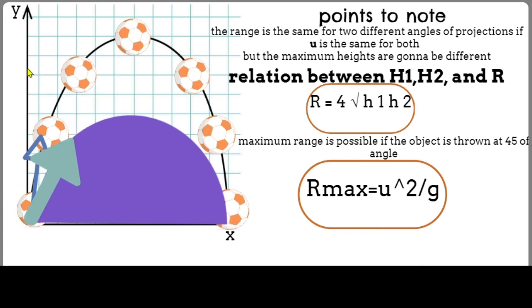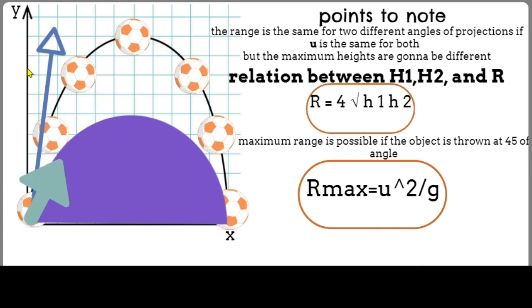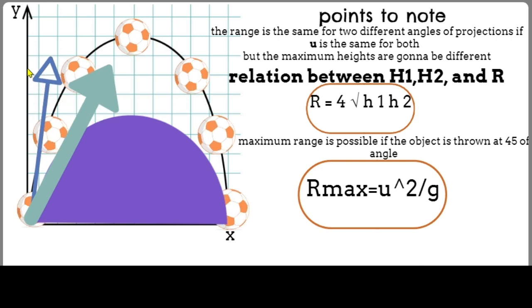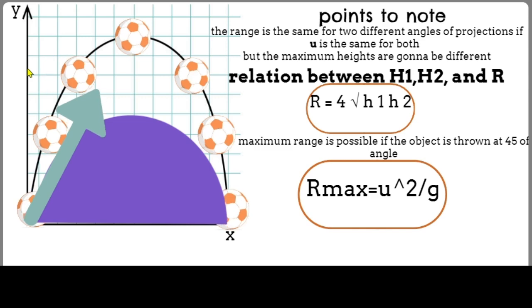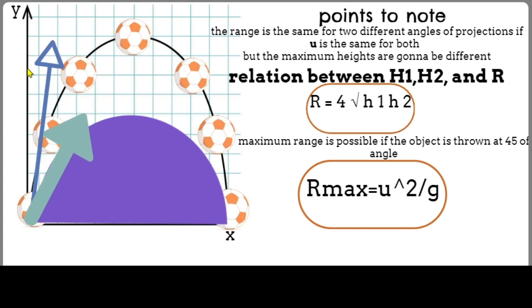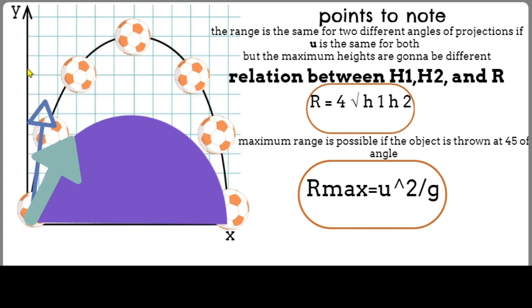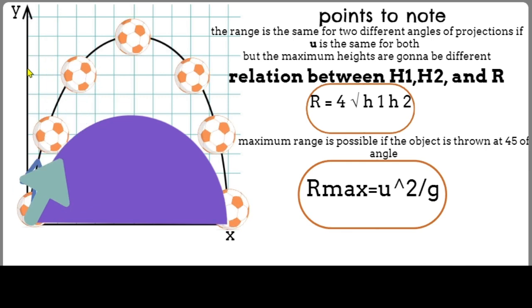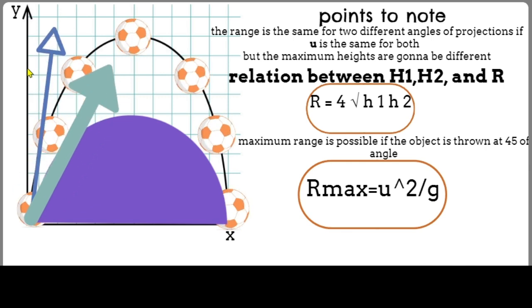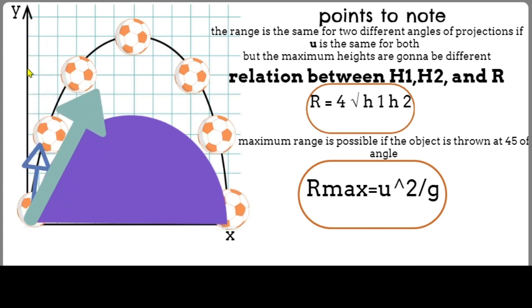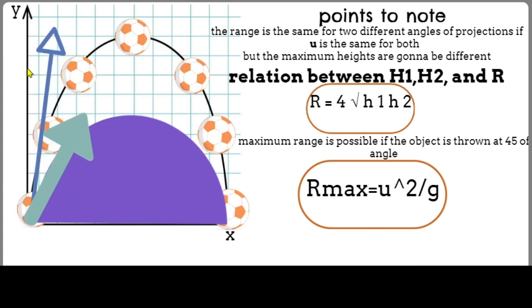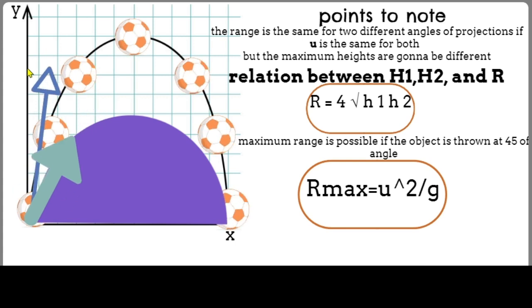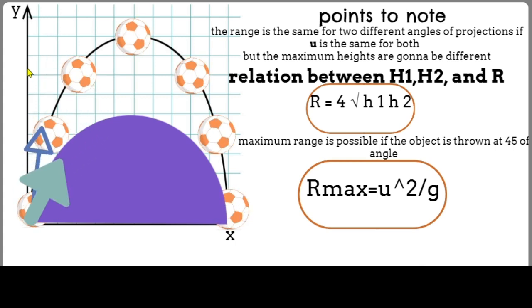Over here we can also take an example of the javelin throw of Neeraj Chopra. How come the range of his javelin throw is more than other players'? How come it's possible? Because he's trying to throw the javelin at an angle of 45 degrees instead of just giving it more strength.